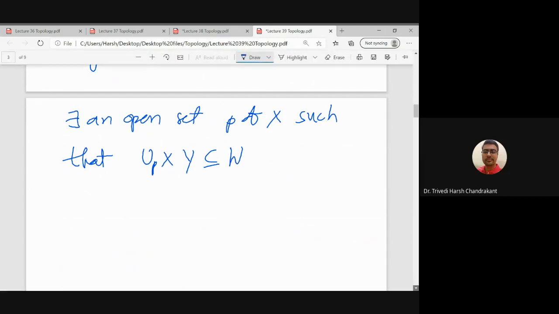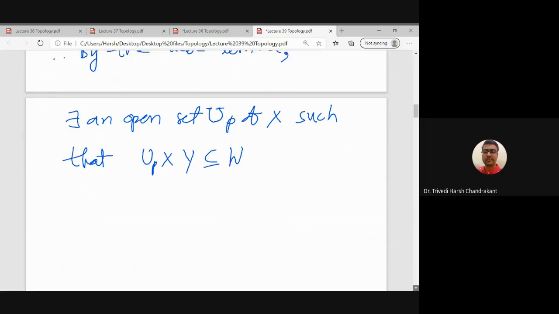So therefore for every point P we are getting an open set that we are denoting by UP.